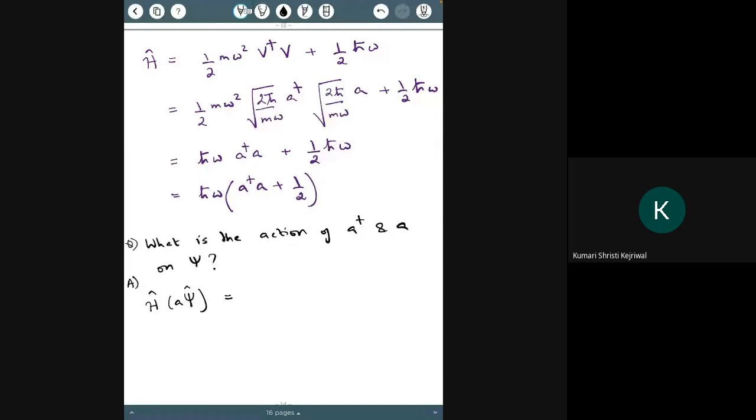If we have a wave function psi, and then we have the Hamiltonian acting on it, then we have h cross omega, a dagger a plus half, acting on psi.